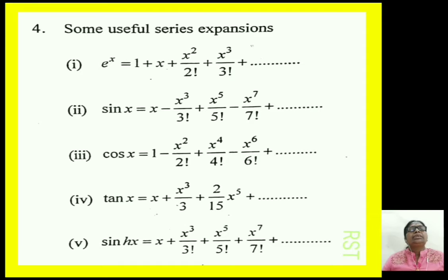Then third expansion is of cos x. Cos x equal to 1 minus x square upon 2 factorial plus x raised to 4 upon 4 factorial minus x raised to 6 upon 6 factorial plus dash dash dash. Here also alternate plus minus sign is present.